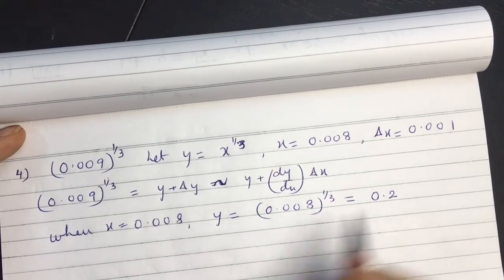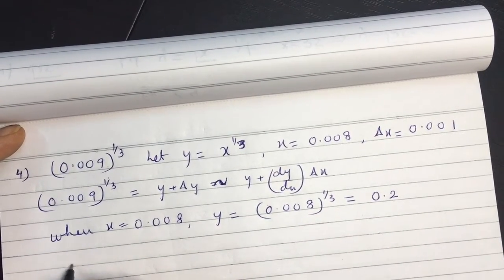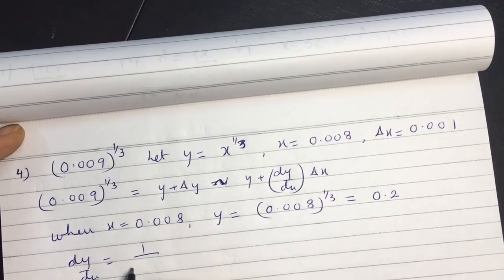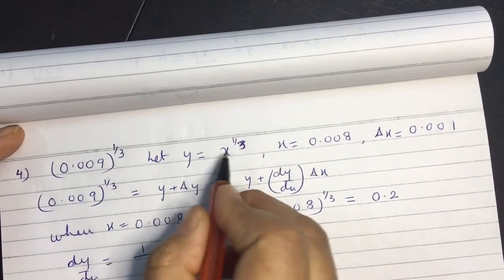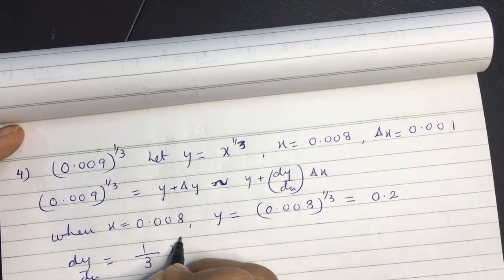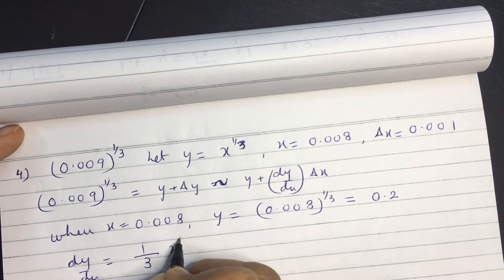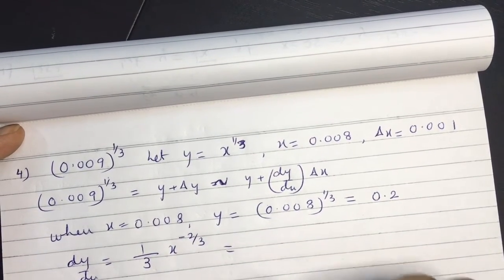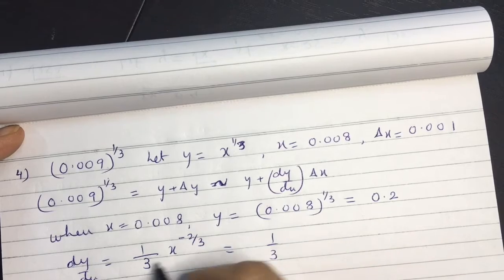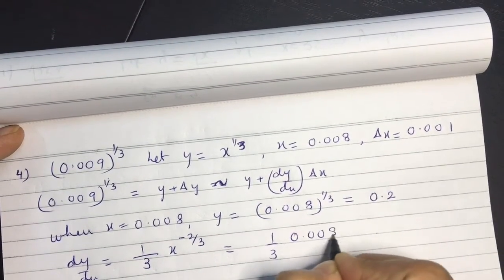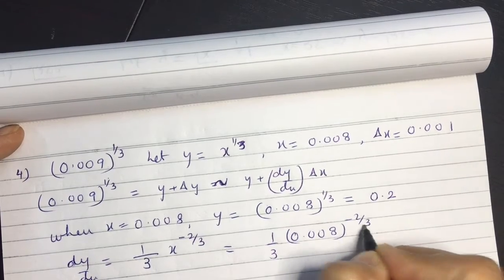Now this is this. Also dy by dx is equal to 1 over, now what do we have? The derivative of this would be 1 over 3 into x raised power minus 2 by 3, which is equal to 1 over 3 into x is what? x is 0.008 raised power of minus 2 by 3.